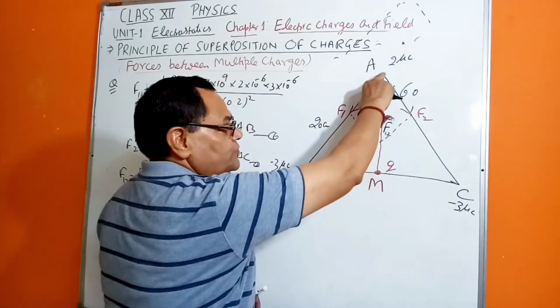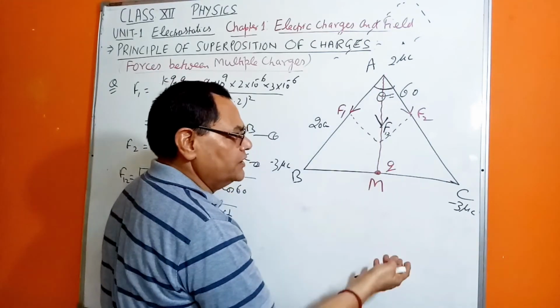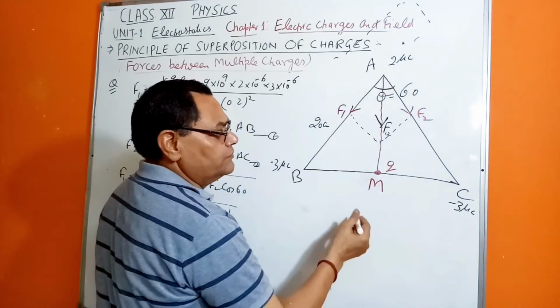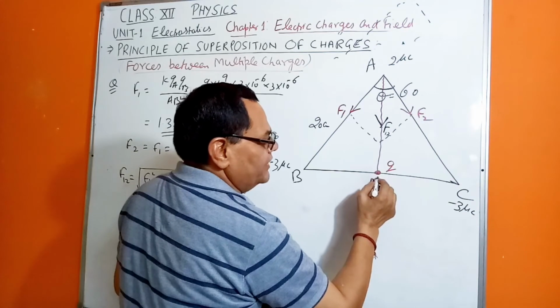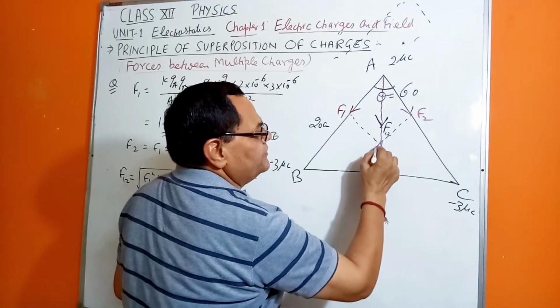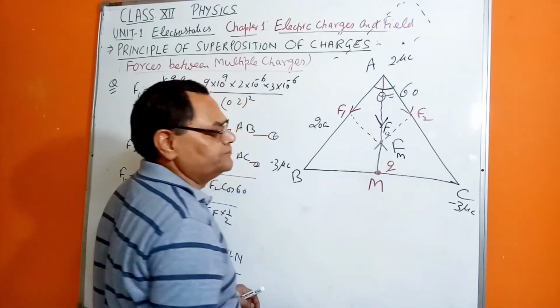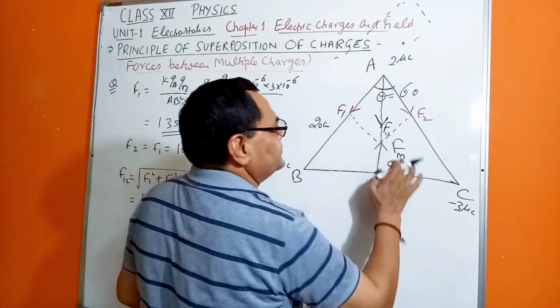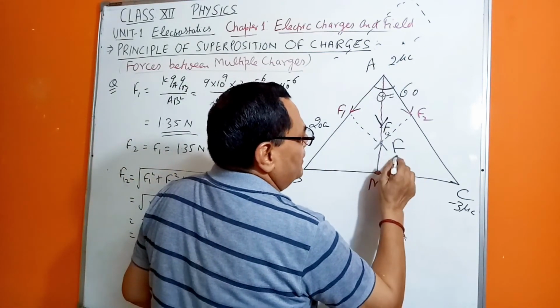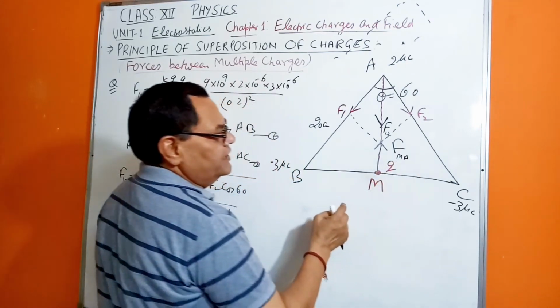So numerically the force between AM should be equal to this F12, but opposite. When will it be opposite? When the force will be acting like this. So let me put it as FM, or rather FMA we must say.